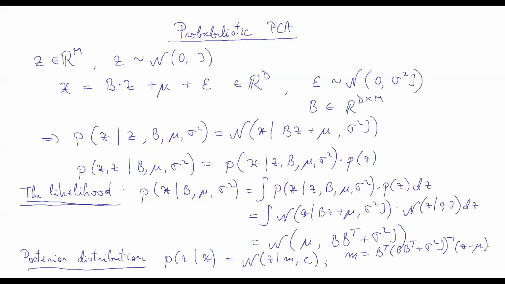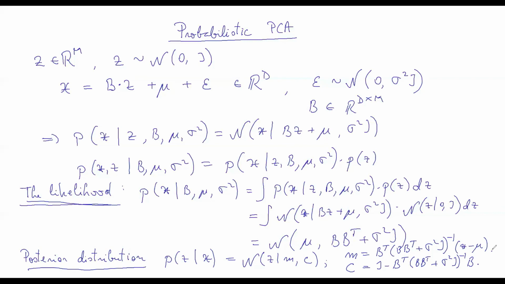This resembles calculations we have done for linear regression, so for that reason they are skipped in your textbook and in these explanations. The covariance is simply I minus B transposed (BB transposed plus sigma squared I) to the power minus 1 times B. Again, these are calculations we have done in previous lectures.